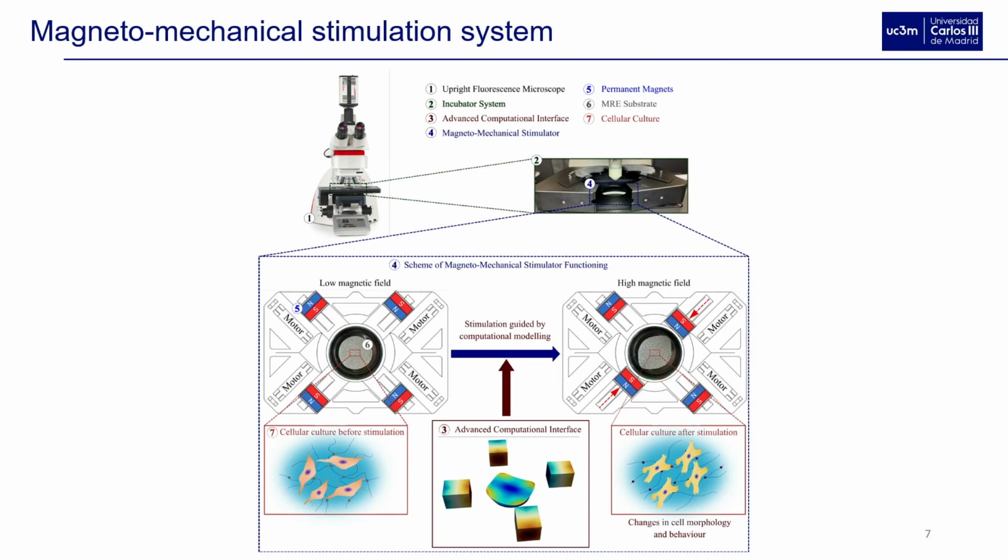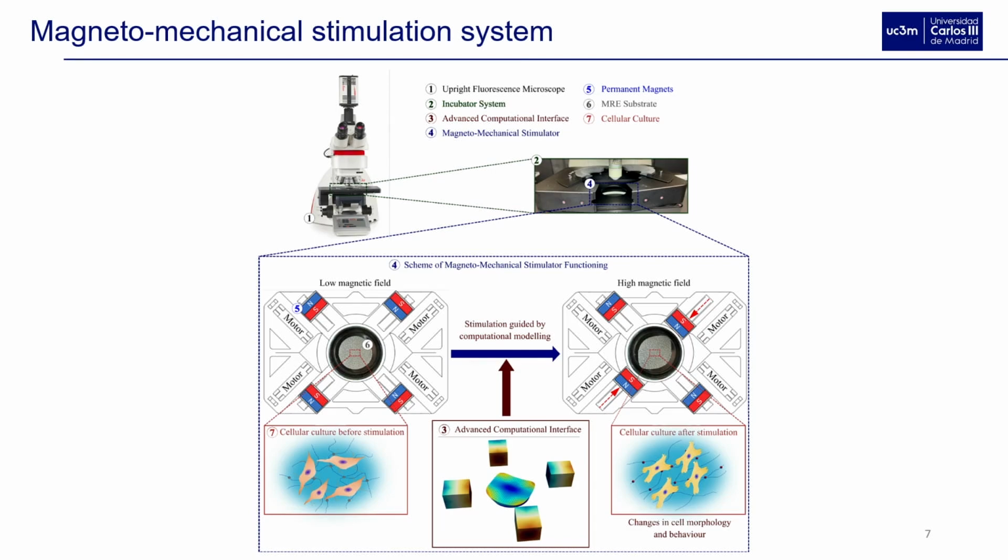Okay. So the system is mainly composed of this material substrate and 4 sets of permanent magnets that are controlled independently, okay, and are arranged across 2 orthogonal planes. So we can modulate the intensity of the magnetic field just by moving the magnets together or moving them apart from each other.